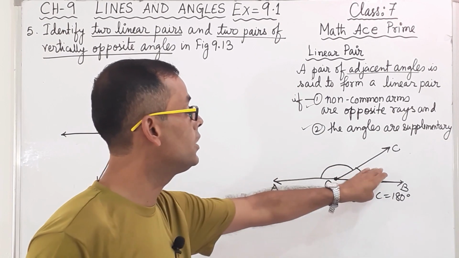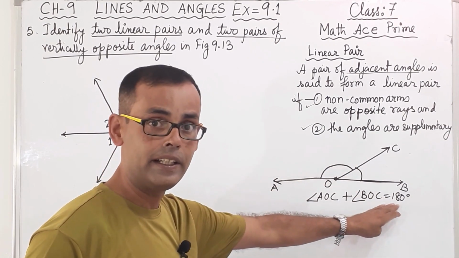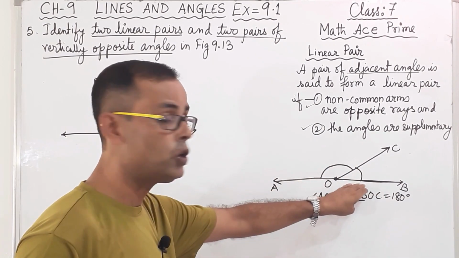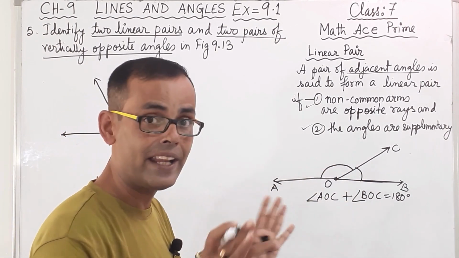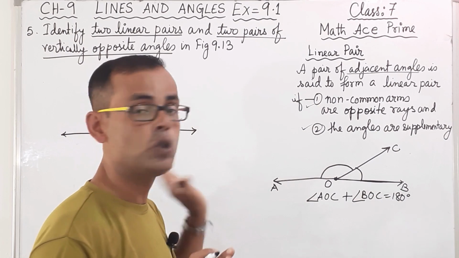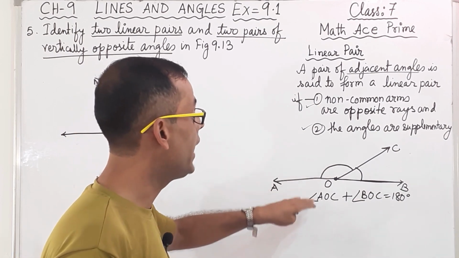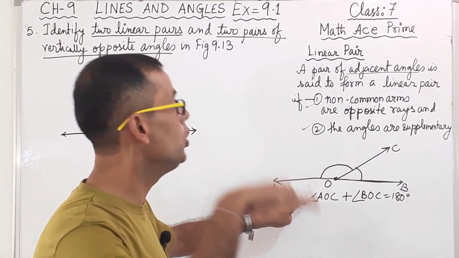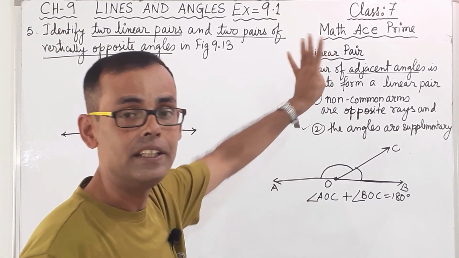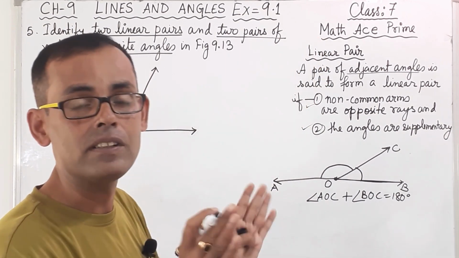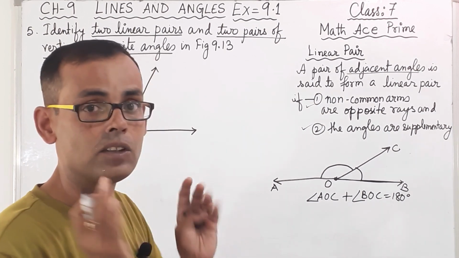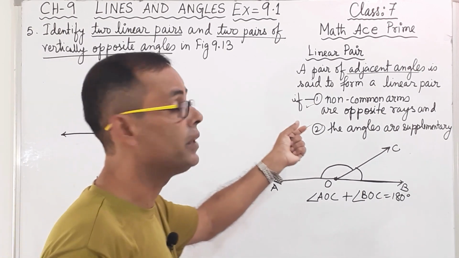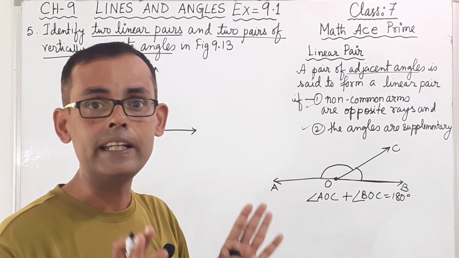So since the total of these two is 180 degree and the non-common rays are opposite to each other, that's why this adjacent pair is also known as a linear pair. Clear? That means a linear pair has to be 180 degree. This concept must be there.